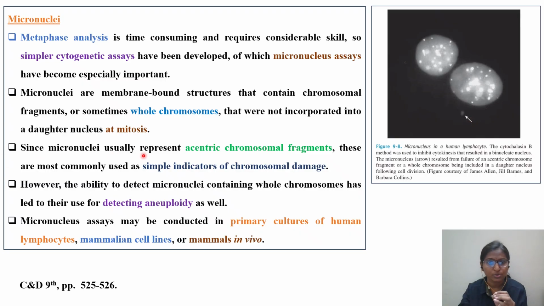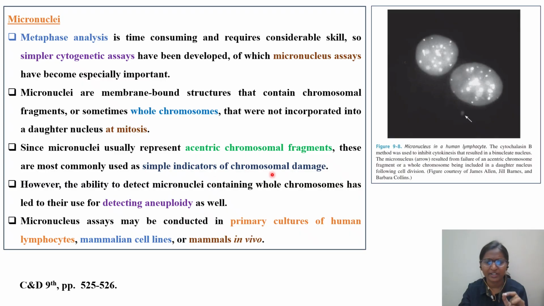Since micronuclei usually represent acentric chromosomal fragments, they are most commonly used as simple indicators of chromosomal damage. An acentric chromosome is one lacking a centromere. However, the ability to detect micronuclei containing whole chromosomes has led to their use for detecting aneuploidy as well.